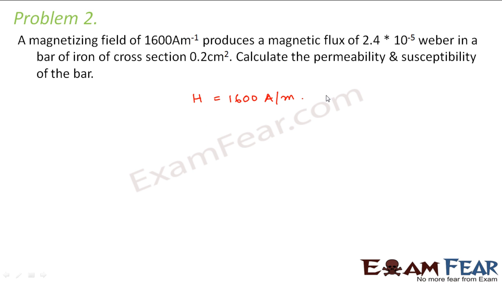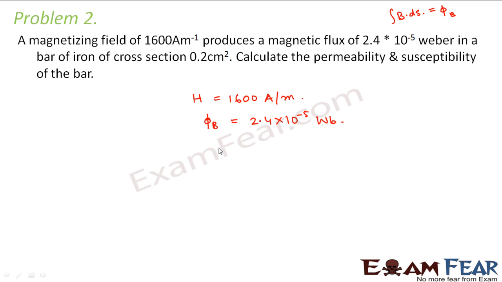What is magnetic flux? Magnetic flux is nothing but the integration of B dot ds, that is the number of magnetic lines of force crossing a particular area. This is defined as magnetic flux, which we often denote as phi B. The magnetic flux is given as 2.4 into 10 to the power minus 5 Weber.